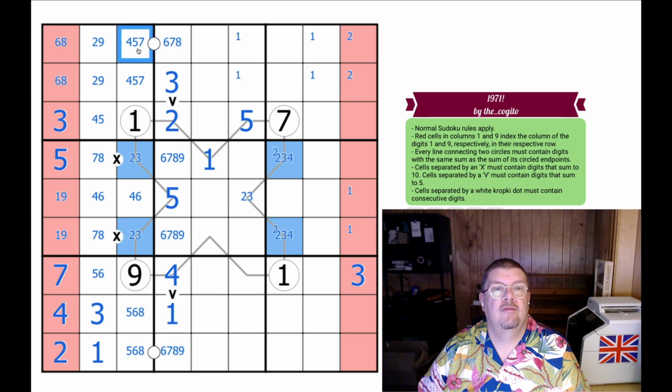That can't be a 4 because that can't be a 3 or a 5. So 5 could go with 6, 7 could go with 6, and 8 could go with 7. What can we do down here? 8 can't go there because there's no matching consecutive digit. But I think that's all I can do there.